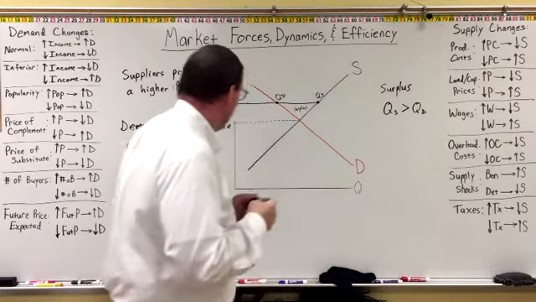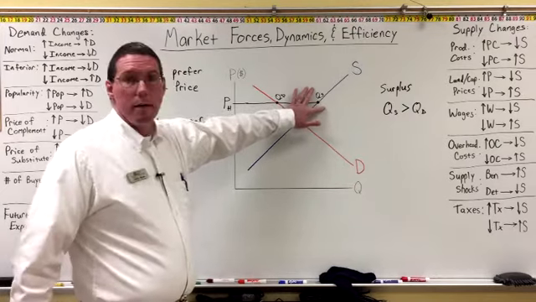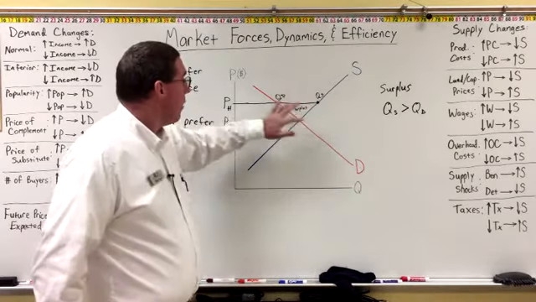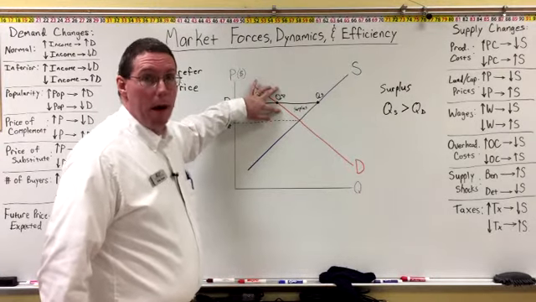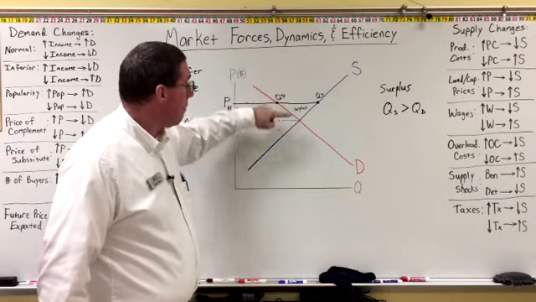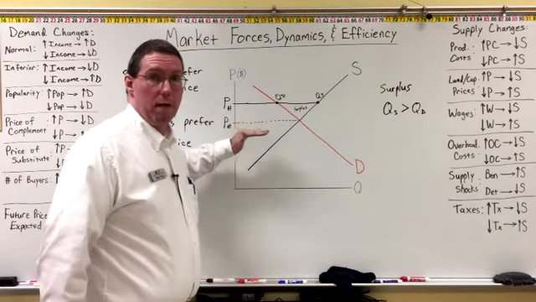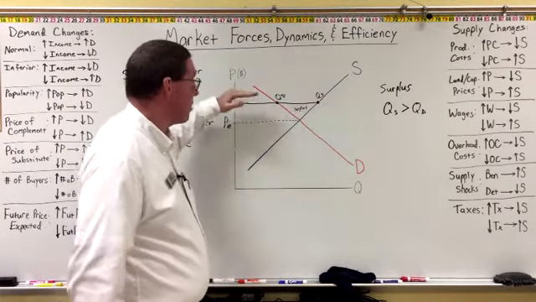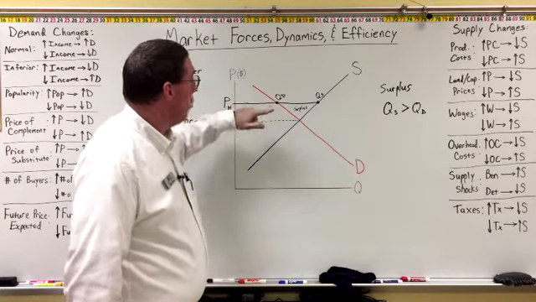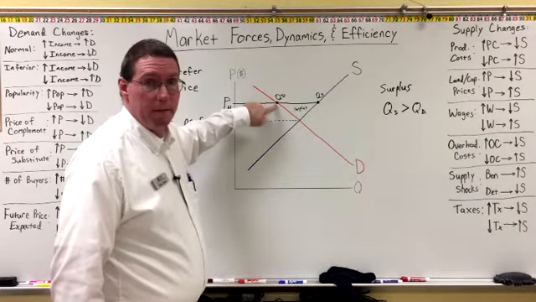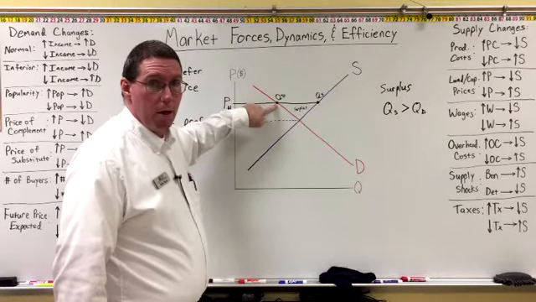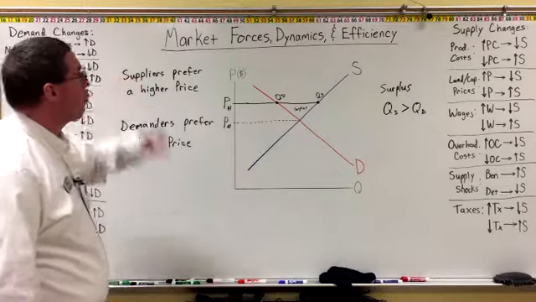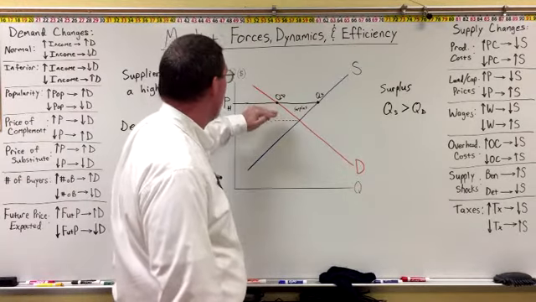What's happening here is the suppliers are saying, hey, we've got stuff that you want to buy. And the demanders are saying, yeah, we want to buy it, and we'll buy more of it at a lower price. We prefer a lower price. I'm sure you're all happy that the price is high, but we are only willing to buy this much of it at this price. So demanders put pressure on the price.